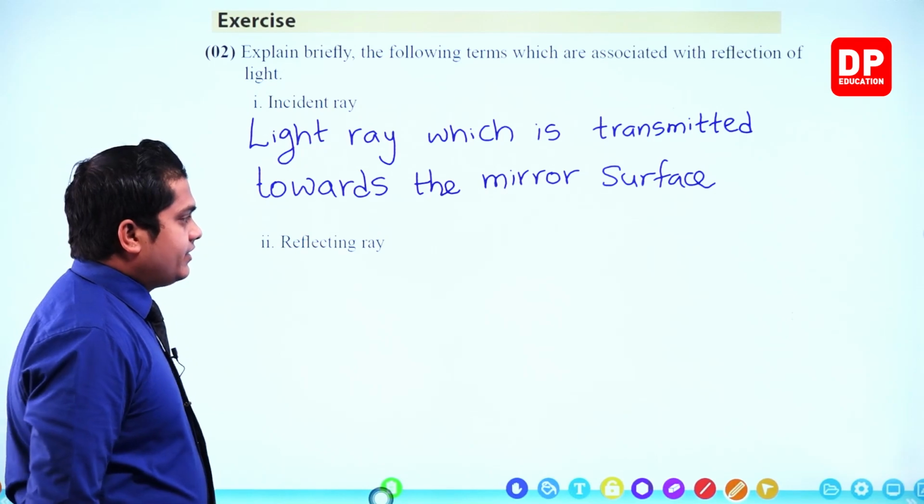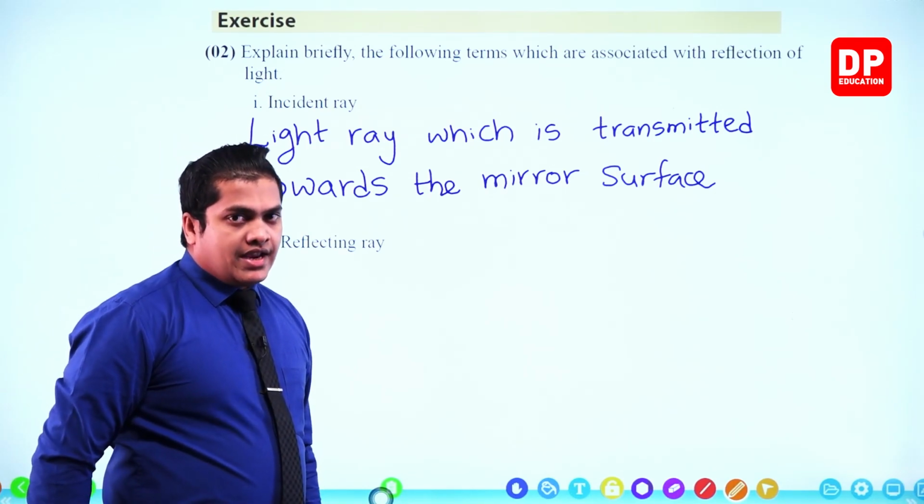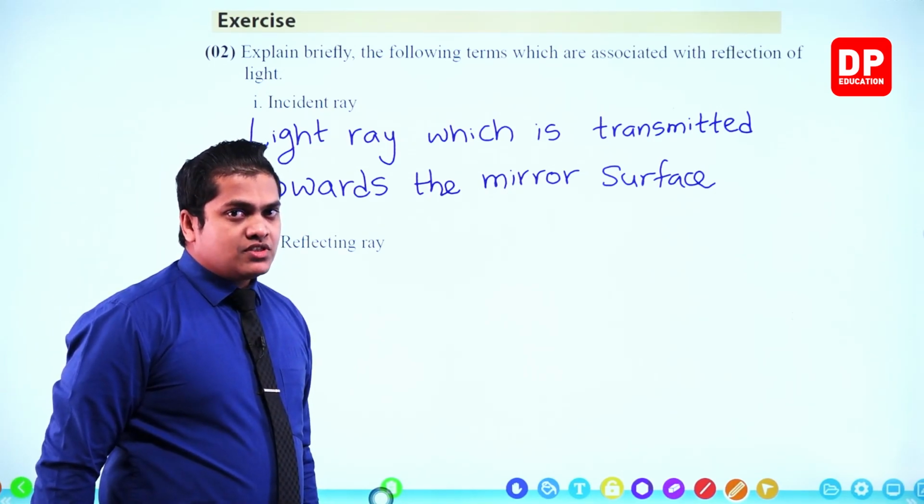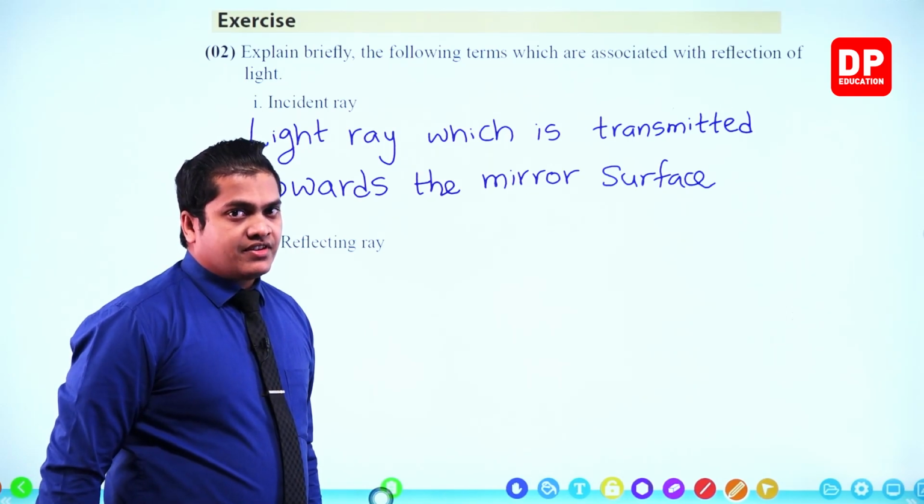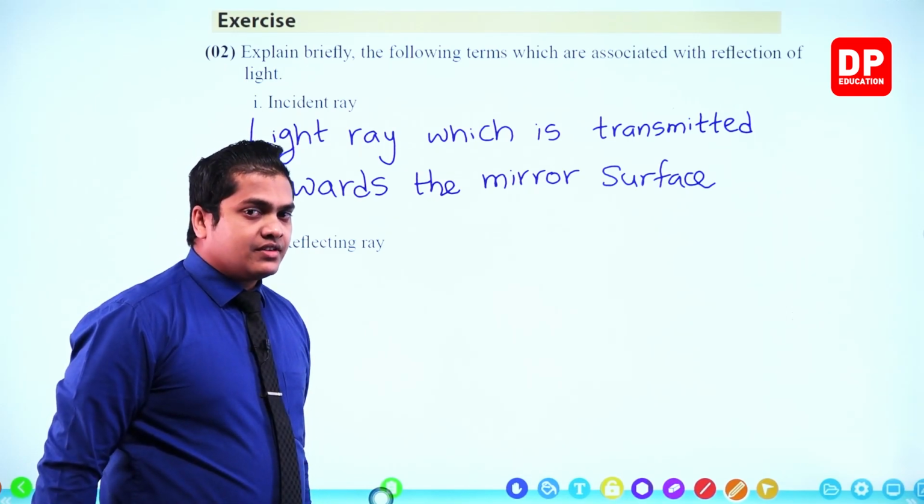Then the reflecting ray. Light ray which is getting bounced back after struck or after the reflection.